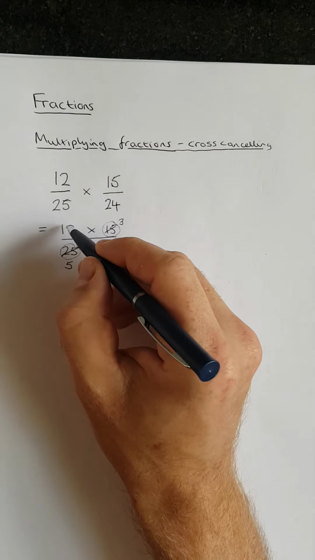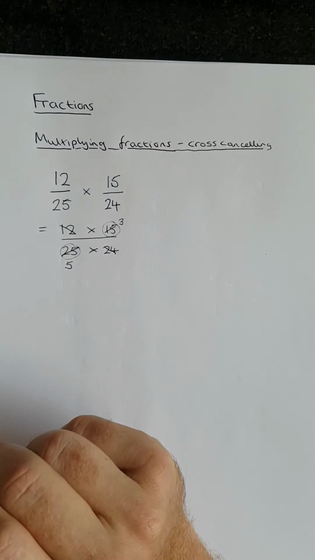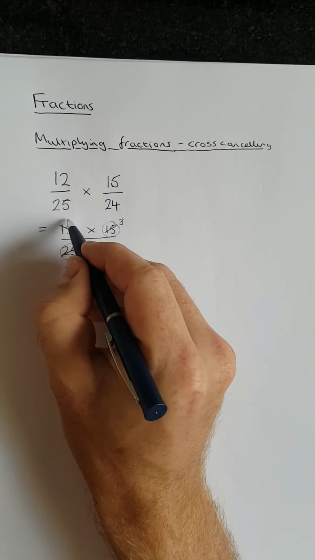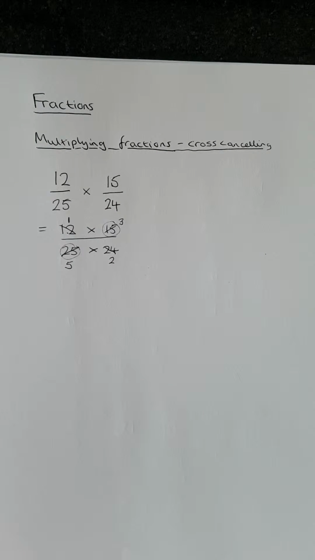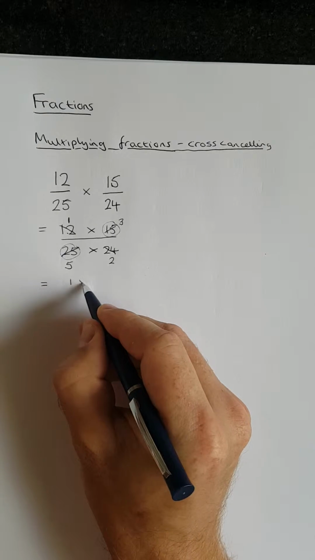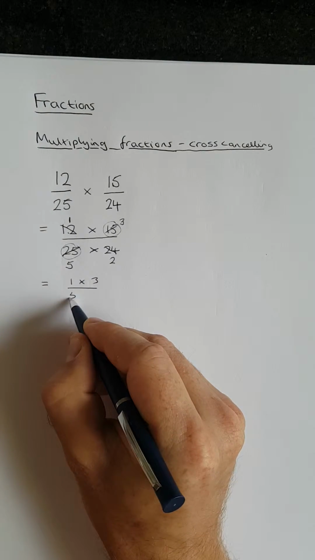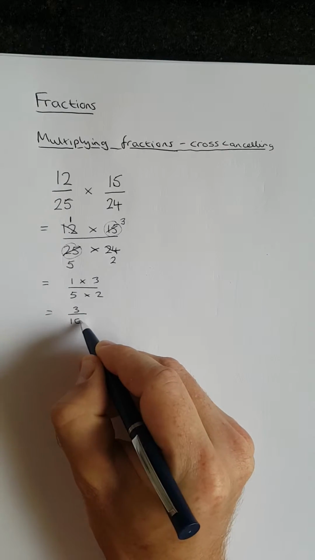Good spot if you have seen it. They are both in the 12 times tables. That is half of that. This leaves me with 1 times 3 and 5 times 2, which is 3/10.